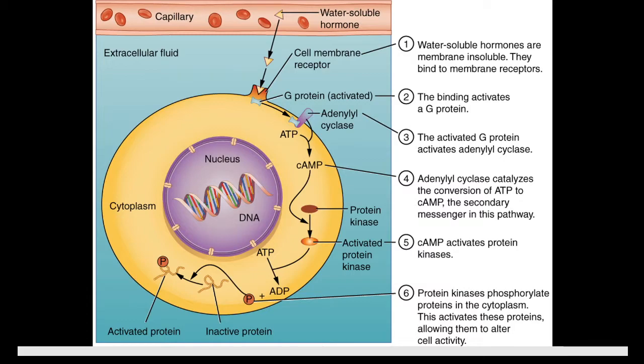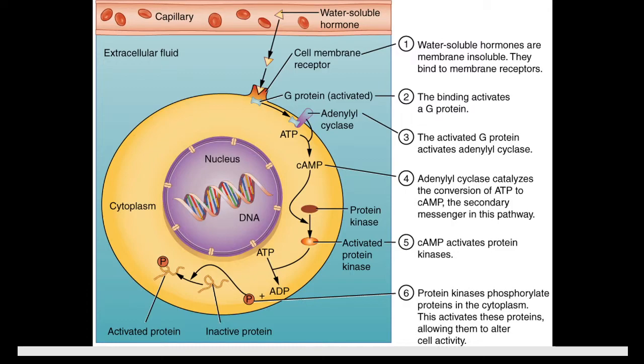Okay, in the hormonal drugs, they have 2 types. One is water soluble hormone, another one is lipid soluble hormone. Why is the process of these hormones different? Water soluble and lipid soluble hormones have different pathways and different activity.